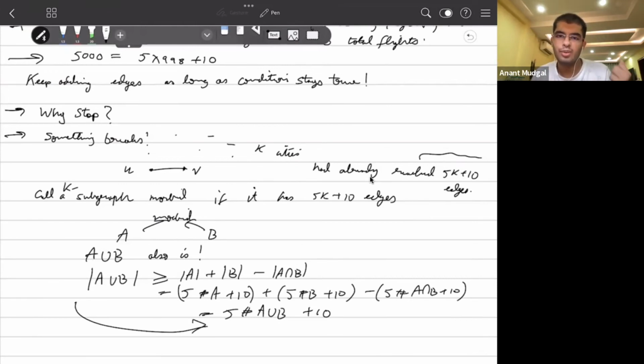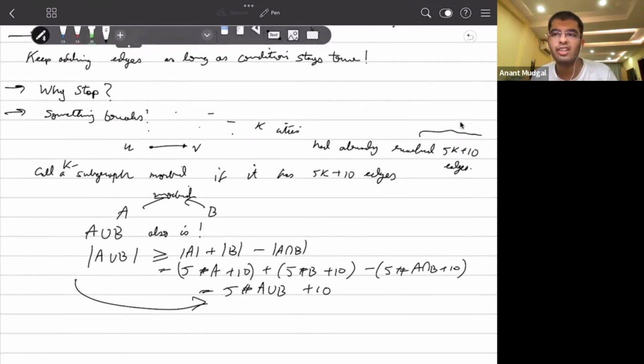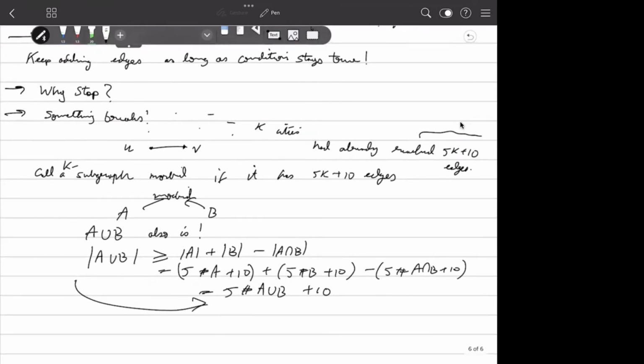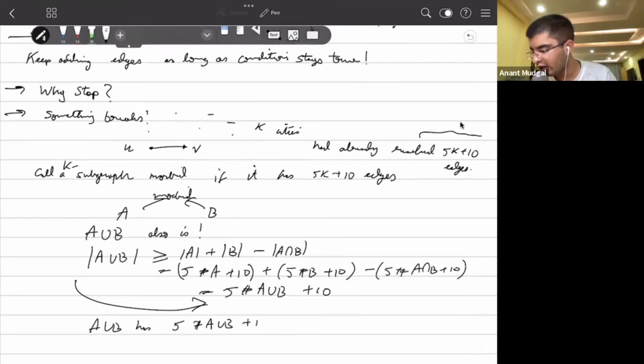So it's greater or equal to 5 times its size plus 10, but it can't be greater because we are always satisfying the condition for all things. And we just needed this. So this is an equality: 5 times the number plus 10 edges. So also morbid.